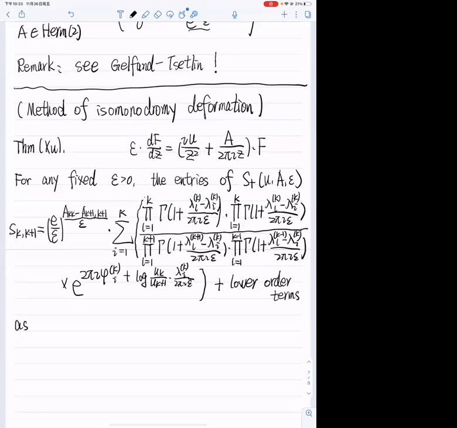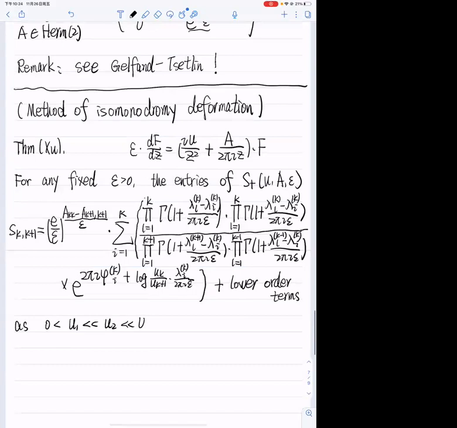as U1 much less than U2, much less than U3, and so on. Let me explain.